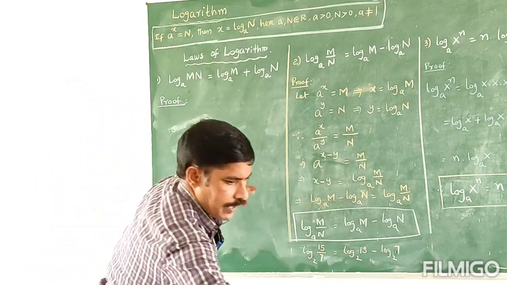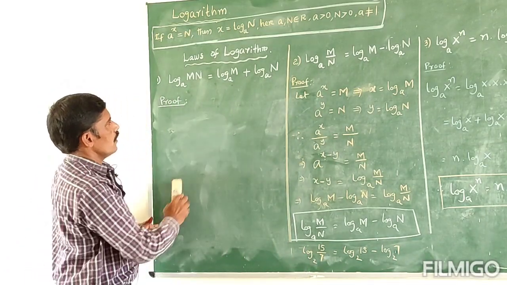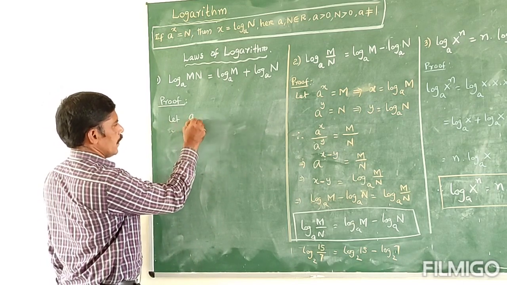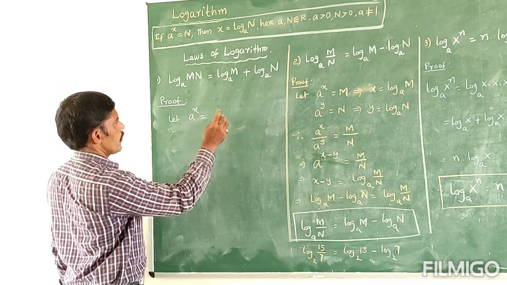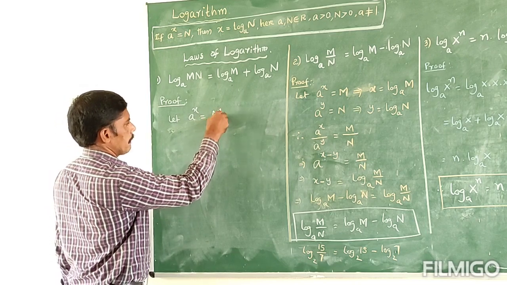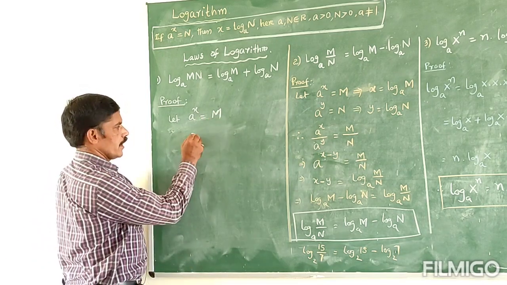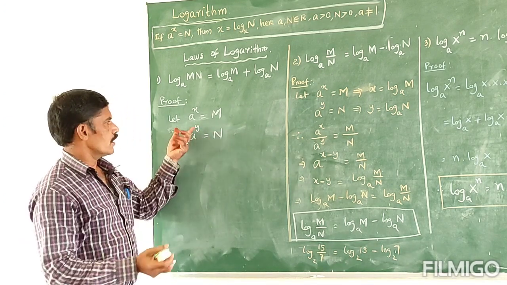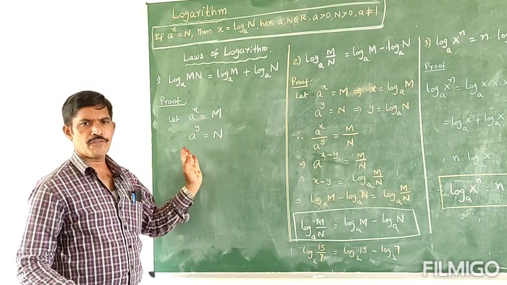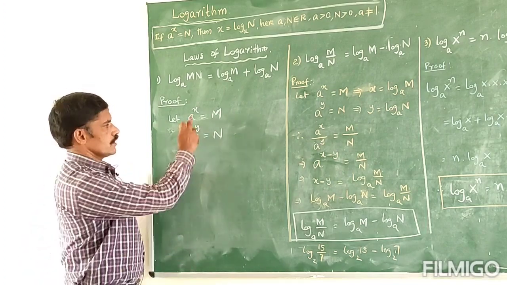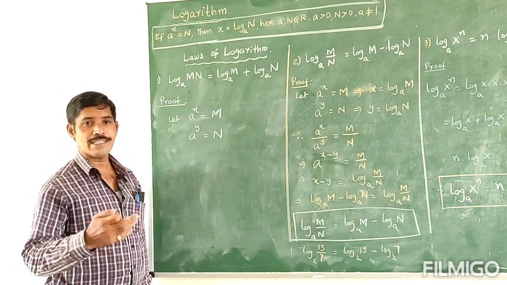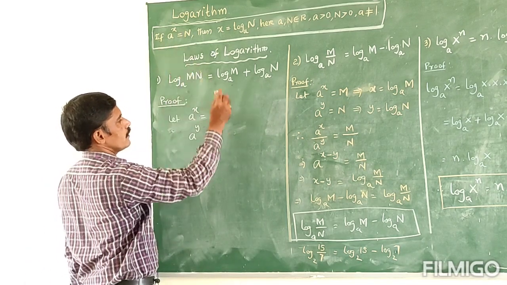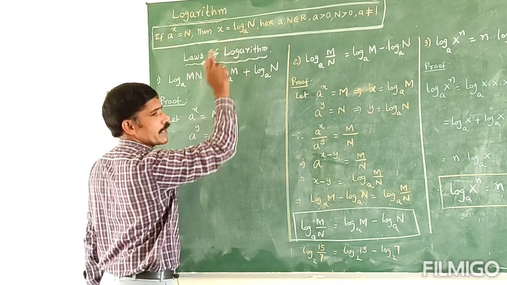To prove this formula, first of all, let a power x is equal to m, and also a power y is equal to n. Now change these two relations into logarithms. Already you learned in the last class, if a power x is equal to n, then x is equal to logarithm of n to the base a.